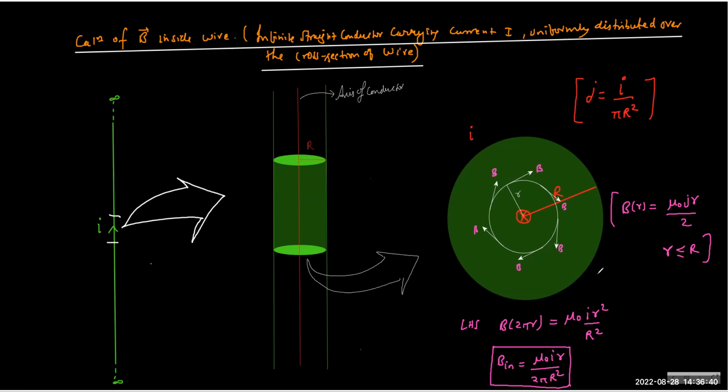So what is the angle between B and J? Sir, 90. And B and r? Also 90. So how should it be represented in vector notation? The cross product.